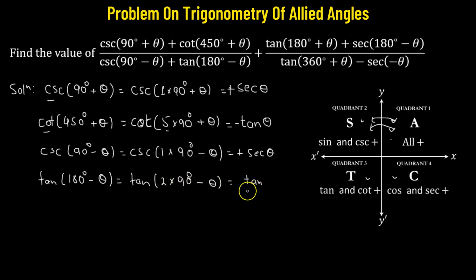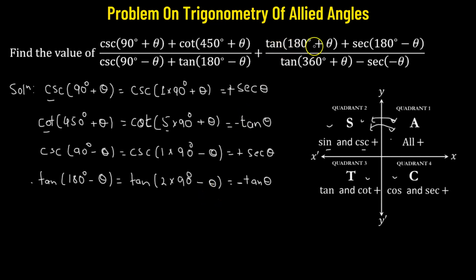It's going to remain as the tangent function, but the new angle is going to be theta. So 2 times 90 means we are in the second quadrant, and subtracting theta, we are still going to lie in the second quadrant because theta is an acute angle. We have sine and cosecant positive in the second quadrant. Since we are working with the tangent function, this value is going to be negative tangent theta.